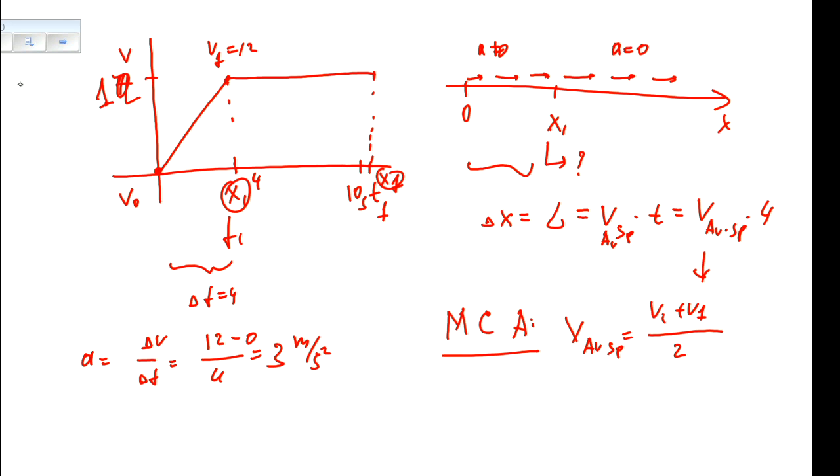That's where 1/2 came from, because it's going to be 0 plus 12 over 2. If you don't know this fact, you could have used our general approach, the motion equation, velocity equation, and get it done. This is kind of a shortcut. It will take maybe 5 to 7 minutes to prove it, so if you want, we can do it in office hours.